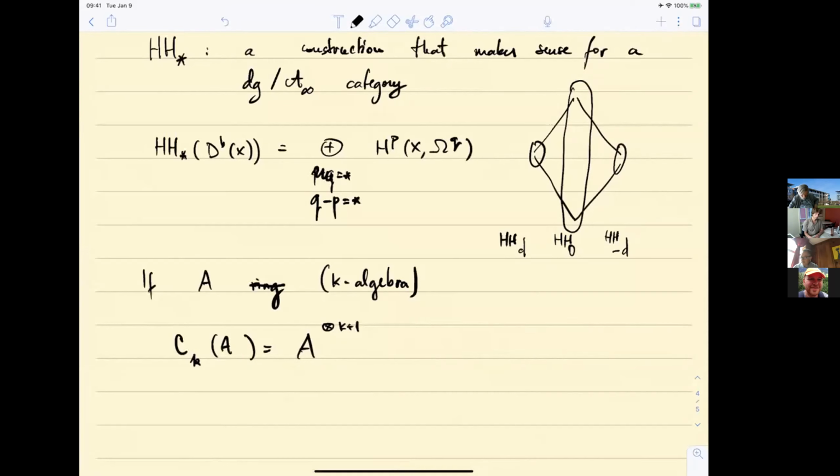And there is a differential B, which goes from C_k of A to C_{k-1} of A, which basically all that it needs to know is the multiplication. So it depends on the multiplication of A. Right?